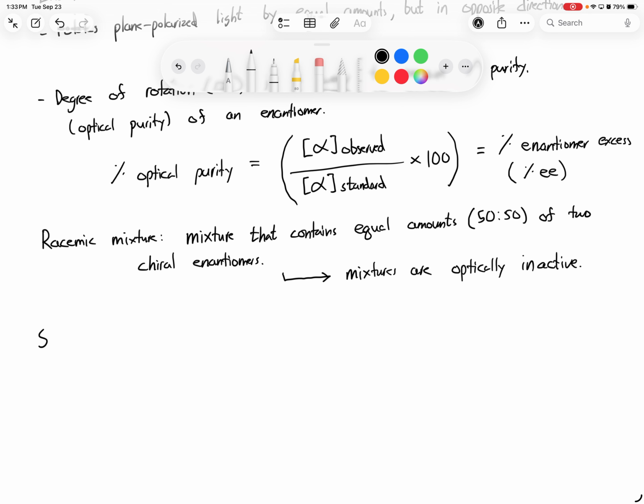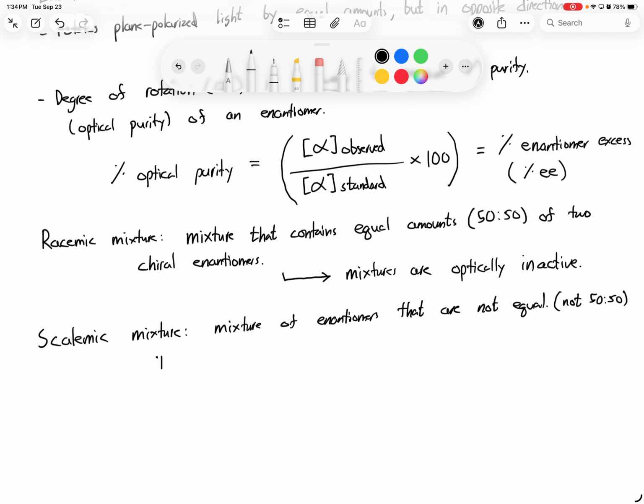All right, there's another term. If it's not 50-50, it's called scalemic. So a scalemic mixture is a mixture of enantiomers that are not equal, so not 50-50, okay?